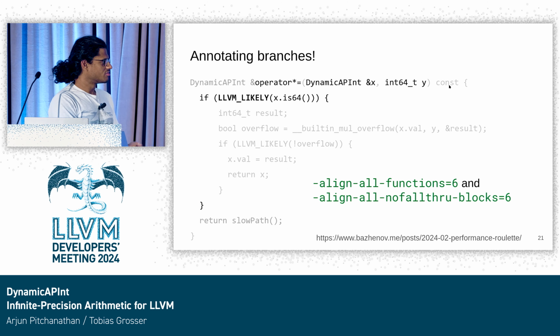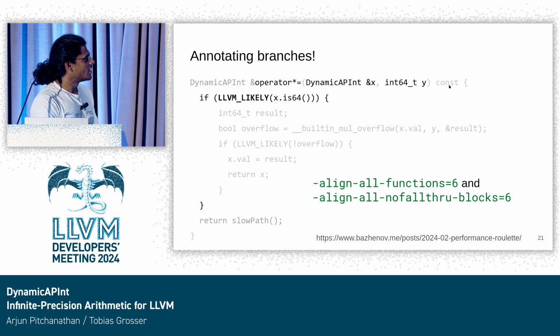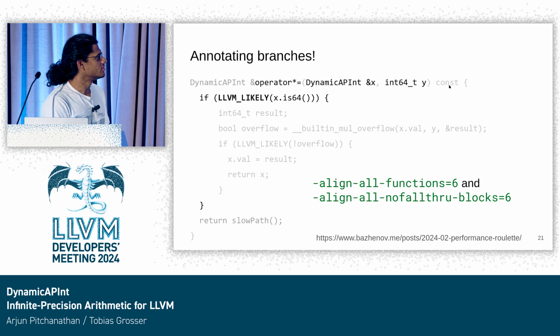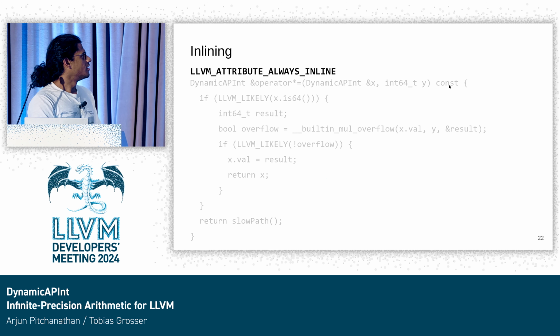But yeah, again from the blog post, it turns out that you can pass some arguments to LLVM to align everything appropriately. And then it kind of works, and this makes it about 1.2x faster, putting annotations like this everywhere.